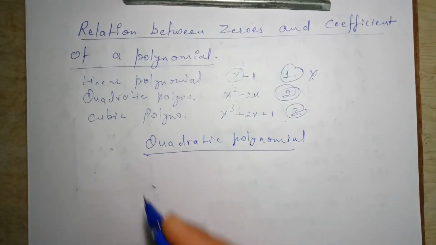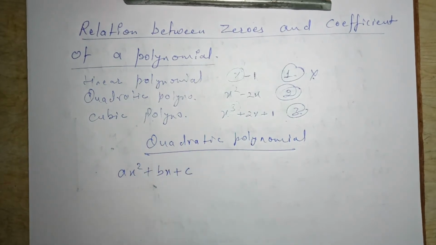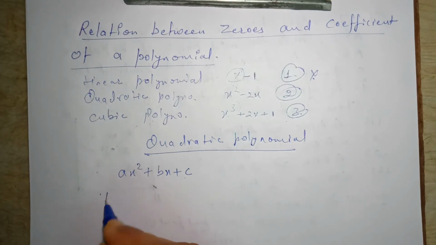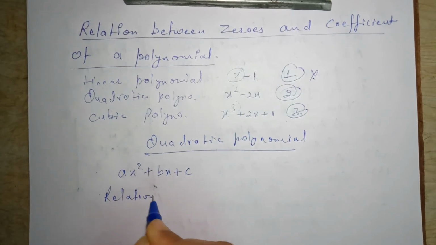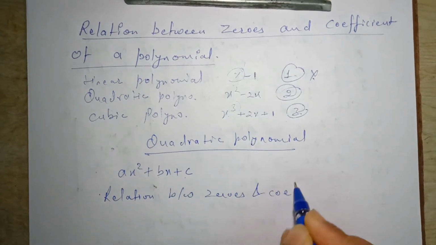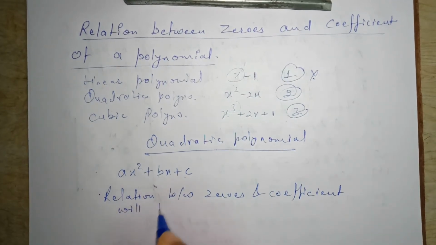We know that the general form of a quadratic polynomial is ax square plus bx plus c. Here a, b, c are considered as coefficients, and zeros means values of the variable. For this, the relation between zeros and coefficients: number first, two conditions are there.